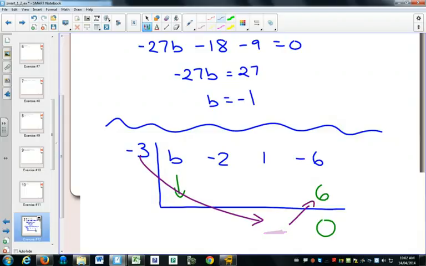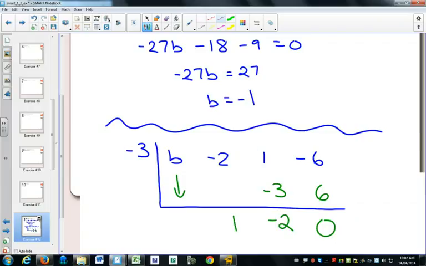So right in that spot would have to be a negative 2. Well, how do I get that negative 2? I got it by adding. So what number would have to be here in order to get negative 2? Negative 3. And then backwards again, here you'd have a 1.